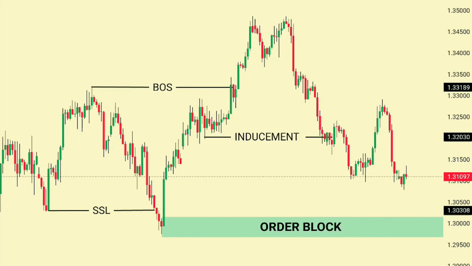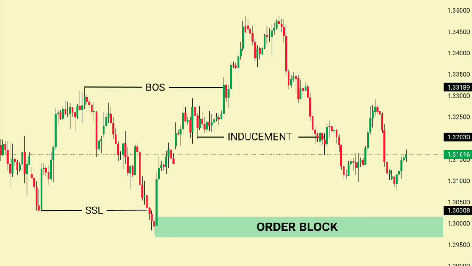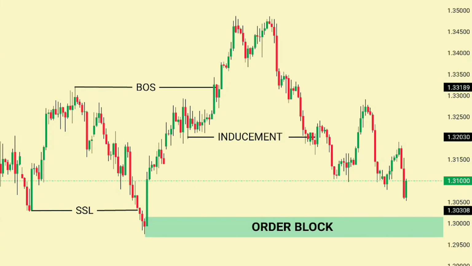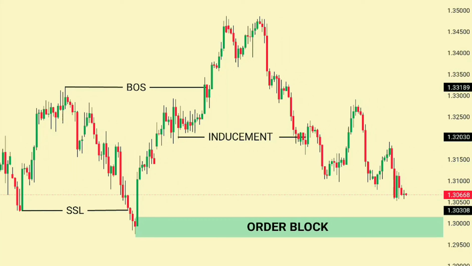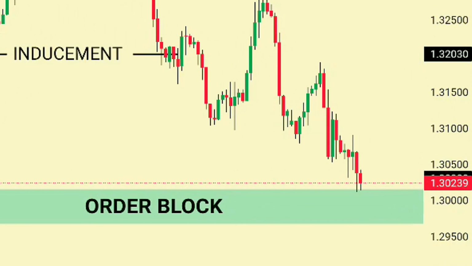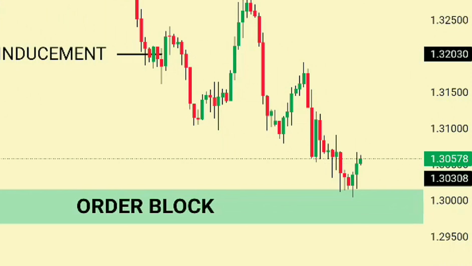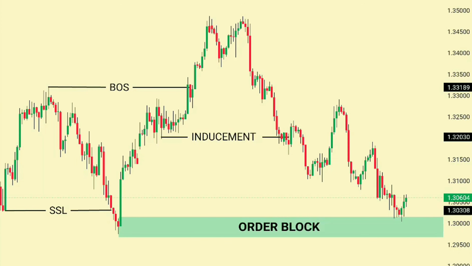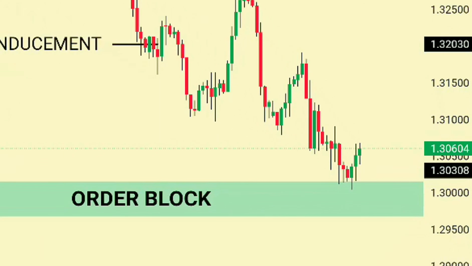When price finally returned to the bullish order block, I still did not enter immediately. My goal was to see whether buyers would actually defend the zone. As price tapped into the order block, the market failed to continue lower and began showing a strong bullish reaction. The rejection from the zone was followed by bullish candles closing higher, which confirmed that buyers were stepping back into the market.